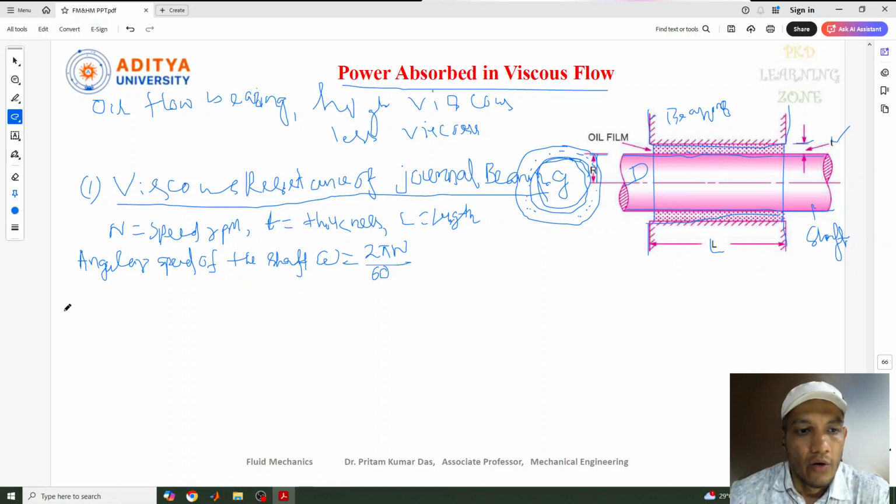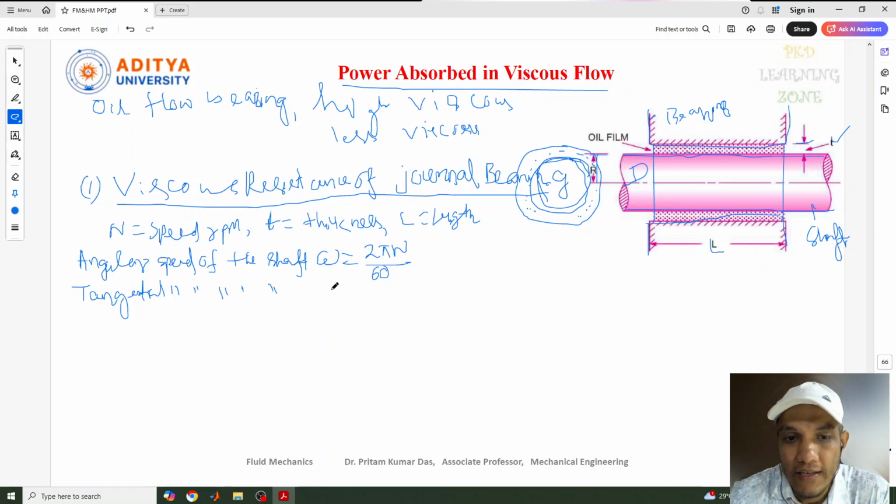Next we can write the tangential speed, or linear speed, of the shaft.